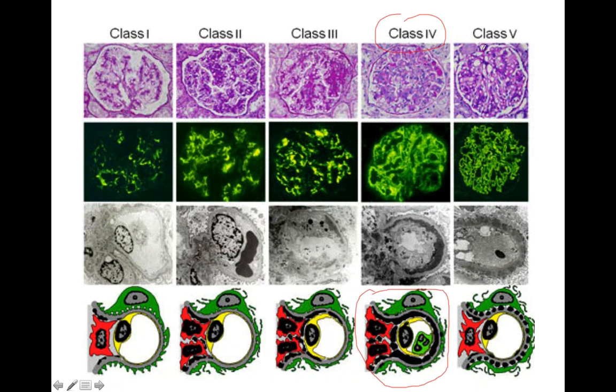So generally, SLE causes nephritic syndrome, but class 5 is a cause of nephrotic syndrome. The rest are nephritic. Clear? And there is type 6 also, in which there is fibrosis. So these are the various kidney manifestations, and the most common is class 4, diffuse proliferative.